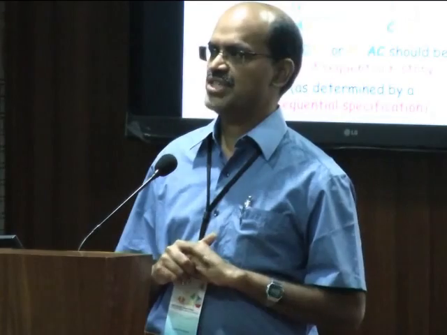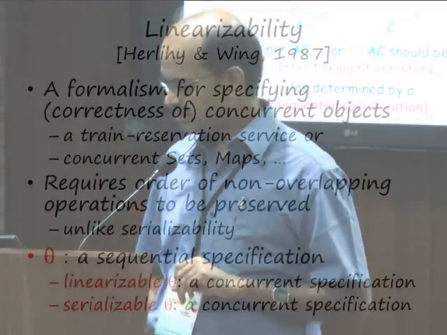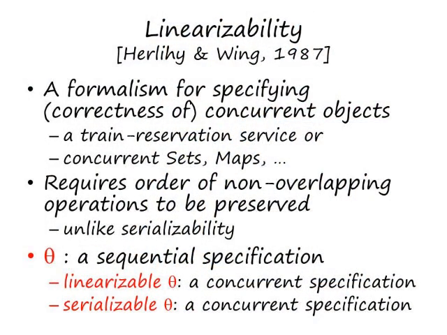Given such a sequential specification, then we can define what it means for an interleaved history to be correct. So linearizability is basically a formalism for defining correctness of concurrent objects.